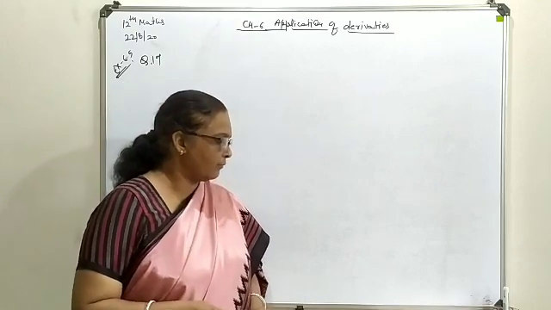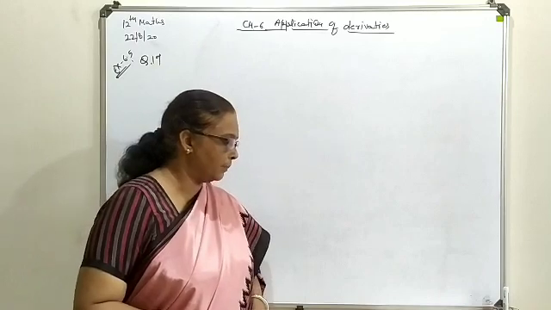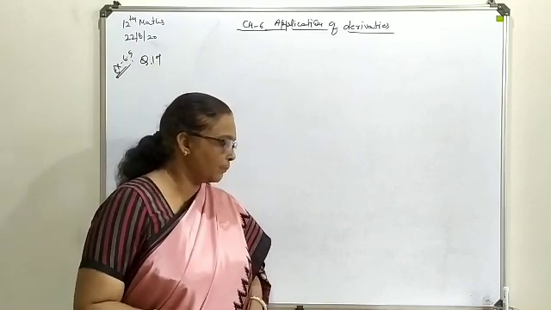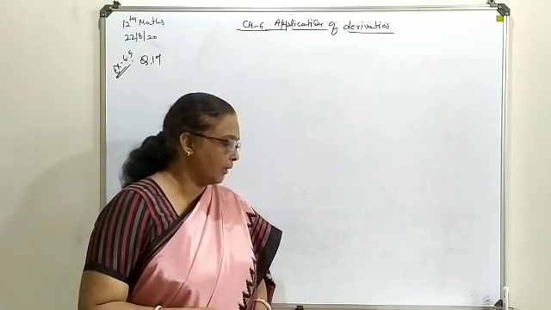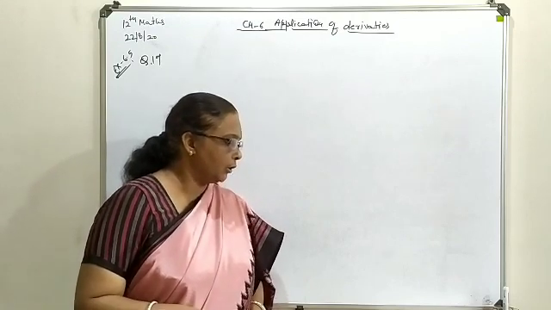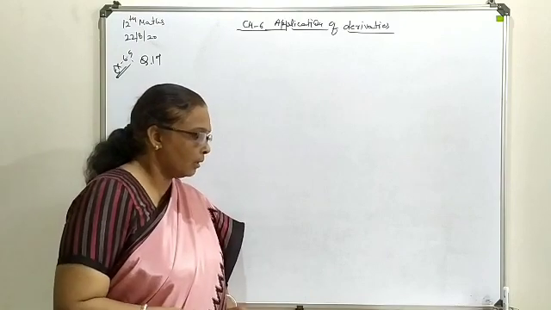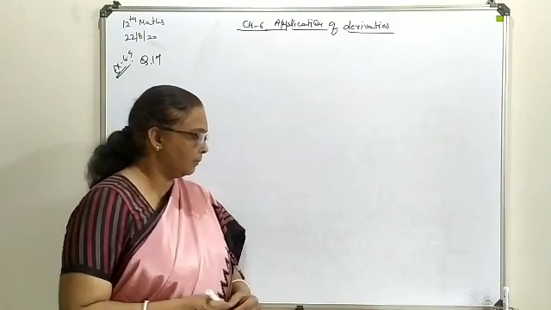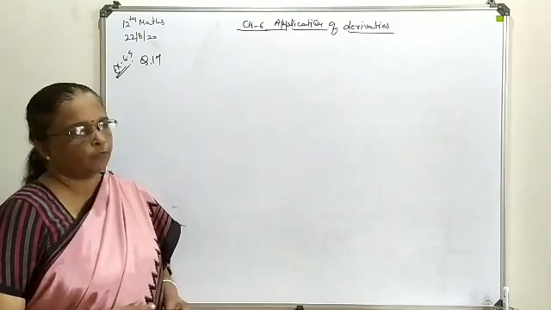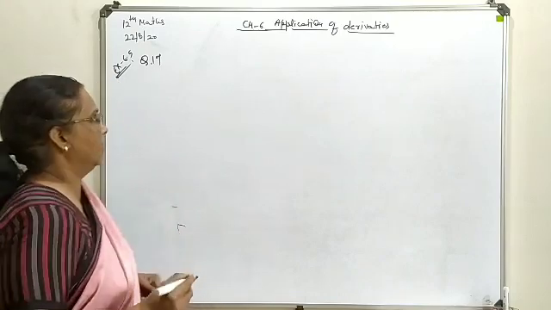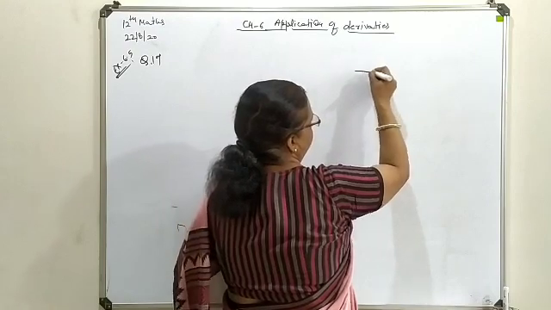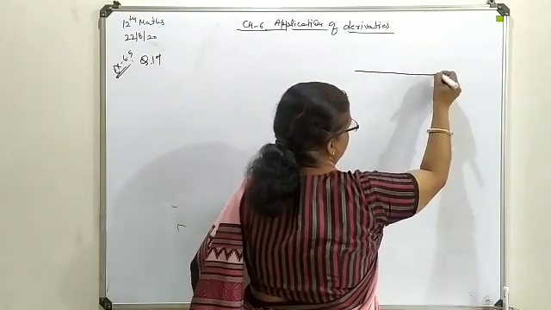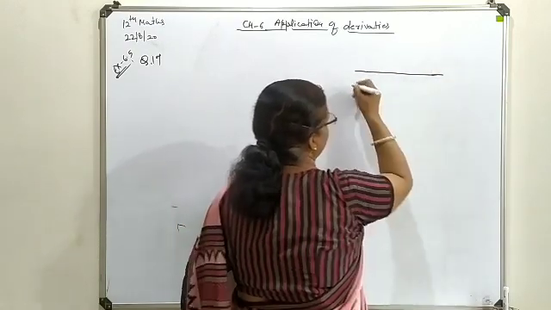By cutting a square from each corner and folding up the flaps to form a box, what should be the side of the square to be cut so that the volume of the box is the maximum? Here we have a square tin sheet.